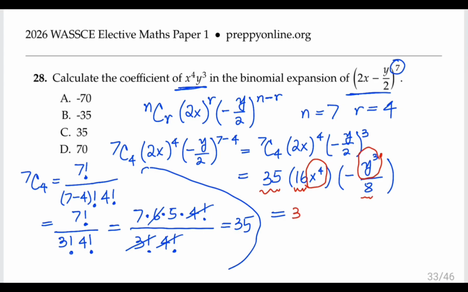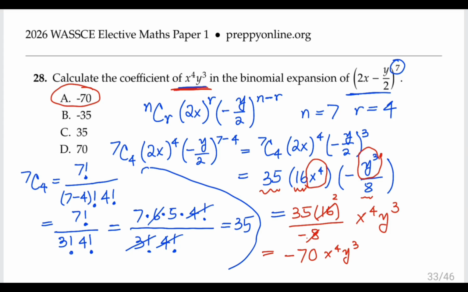So we have 35 times 16 over minus 8, and we have x to the 4th, y to the 3rd. Here 8 cancels 16, giving 2. So we have minus 35 times 2, which is minus 70, x to the 4th, y to the 3rd. So the coefficient of x to the 4th, y to the 3rd is A, minus 70.